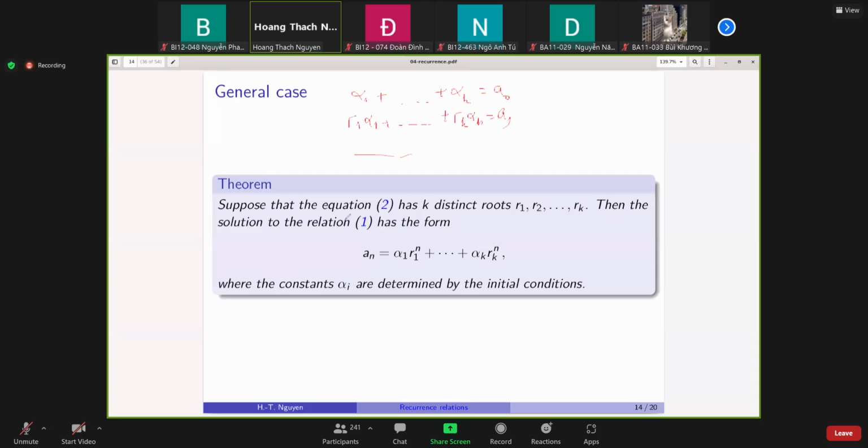And for the curious ones among you, I have a challenge for you. That is to prove that such a system of linear equations always has a unique solution. In other words, you can prove that if R1, R2, until Rk are distinct, then this matrix has a non-zero determinant.